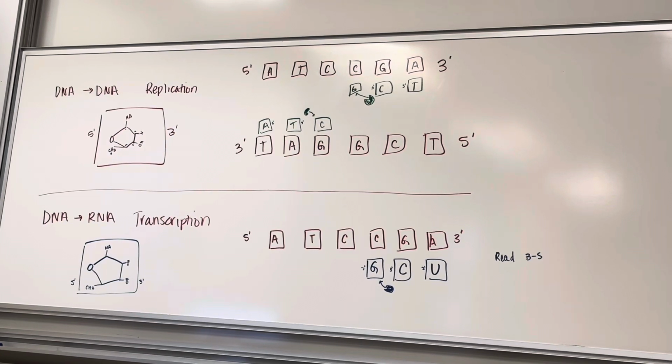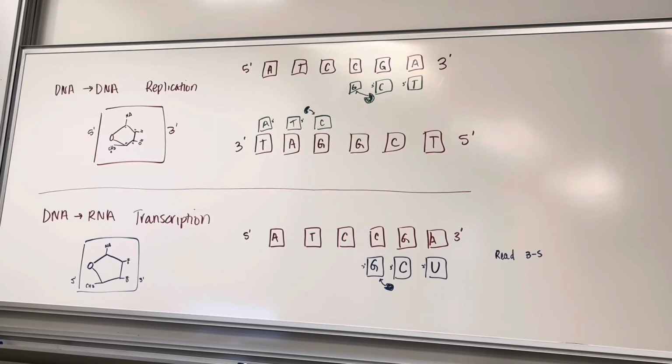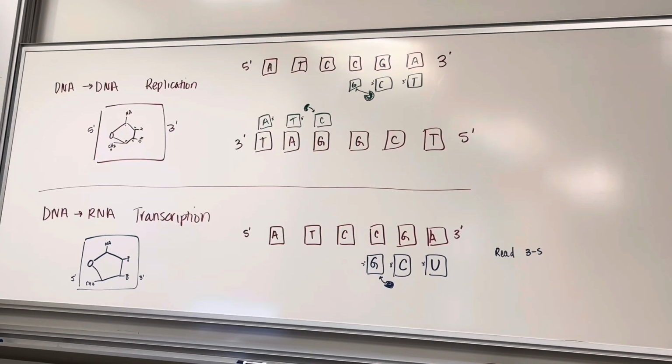Let's see. No, I think potentially the confusion is that the vocab says it reads 5 to 3, but it's still reading 3 to 5. Oh yeah, DNA pol 1 can do either, according to PubMed.